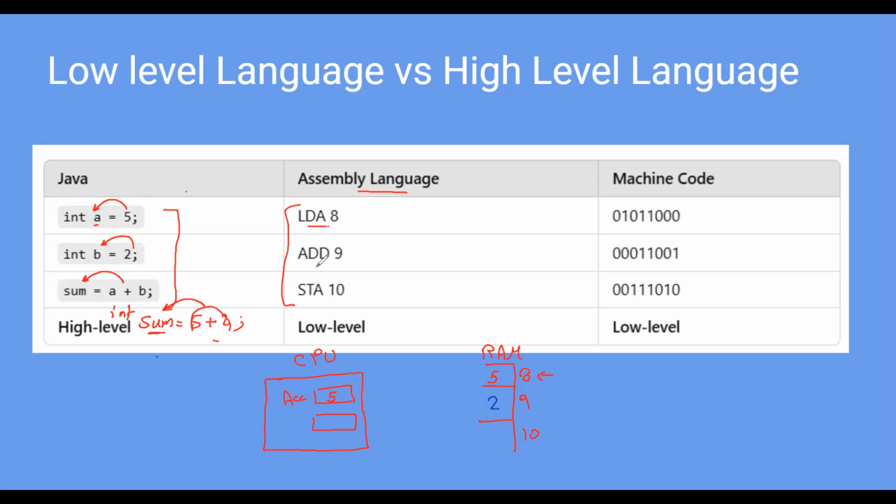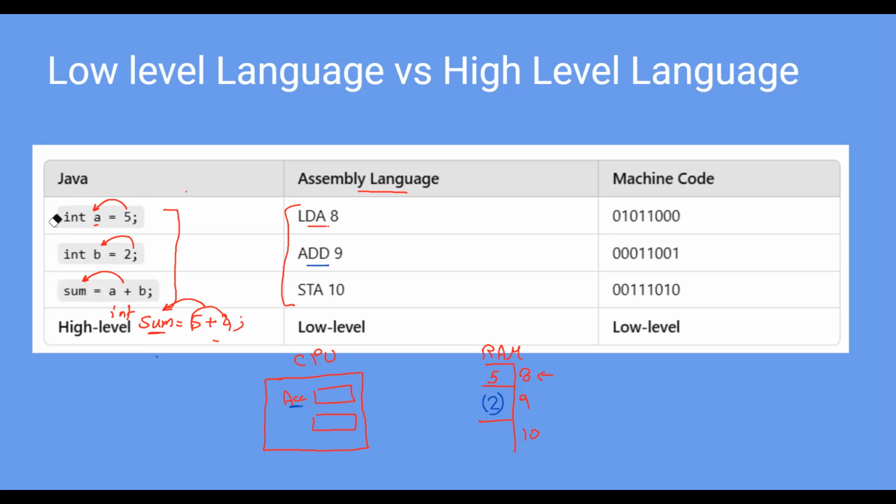Okay, and then we go to the next instruction. It says add 9. Go to address 9 in the RAM, get the element that is stored inside and add it to the element that is stored in the CPU accumulator. So you get the 2 from the memory, you add it to the previously fetched number, which is 5 in this case, and you store it instead of the 5.